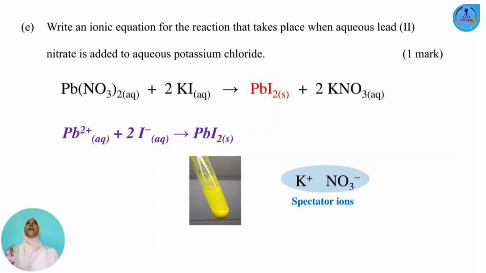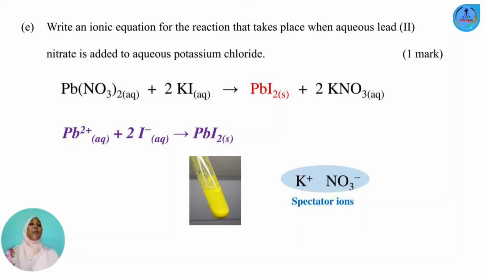What will happen is that you are going to have a double displacement reaction. Essentially, they're just going to be swapping the ions. So we're going to end up having lead 2 iodide being formed and potassium nitrate being formed. Potassium nitrate is colorless. Lead 2 iodide is yellow in color and it's a precipitate because it's insoluble.